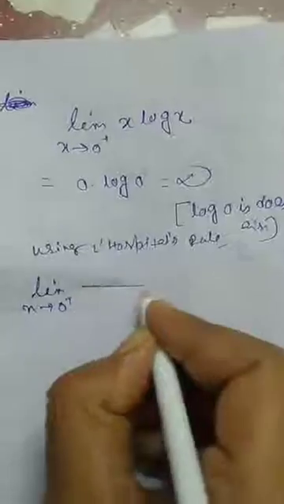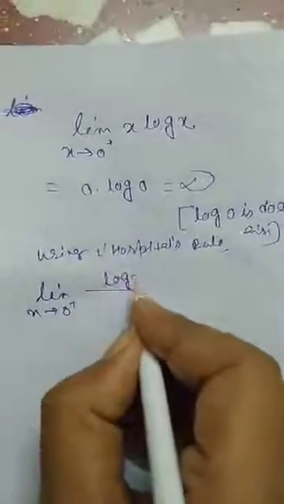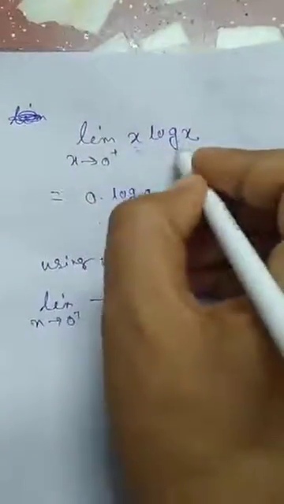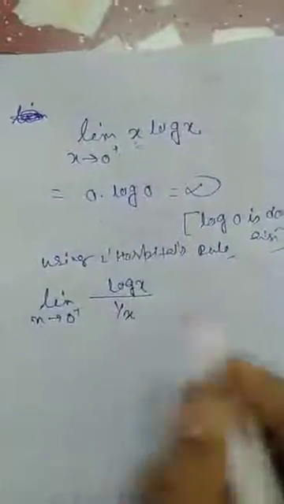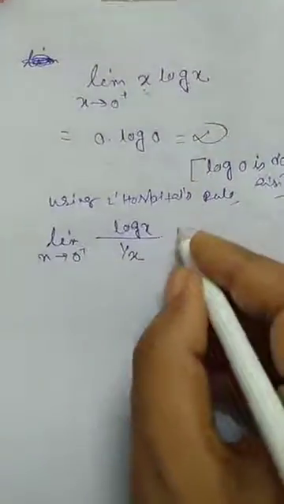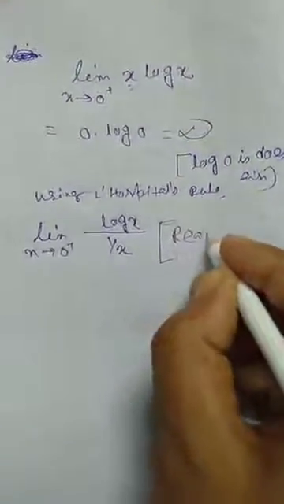How? We can write x log x as log x by 1 by x. X into log x, we can write as log x by 1 by x, rearranging it.